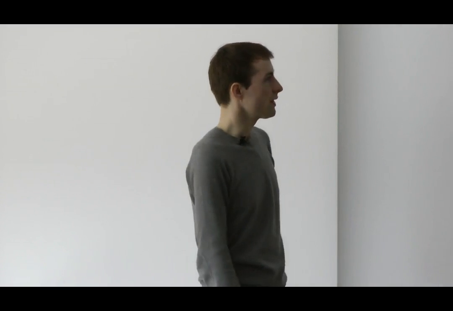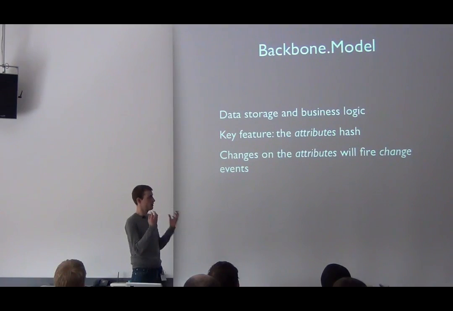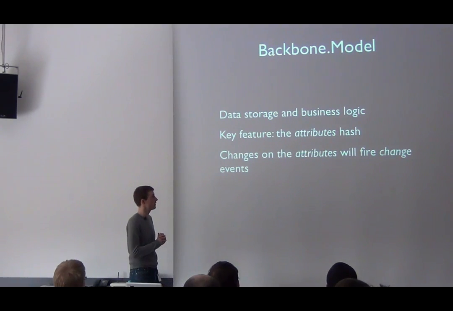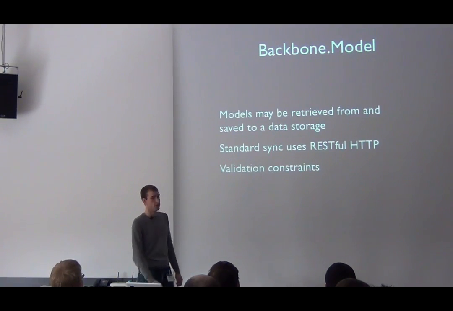And the interesting part is if you change the data, like we have seen in AngularJS, there are change events which are triggered whenever you change the attributes of a model. So this is the raw data place. And of course, you can retrieve model data from your server and save it back to the server.